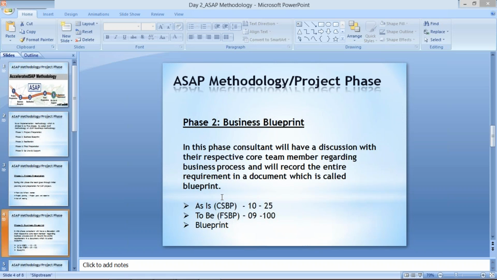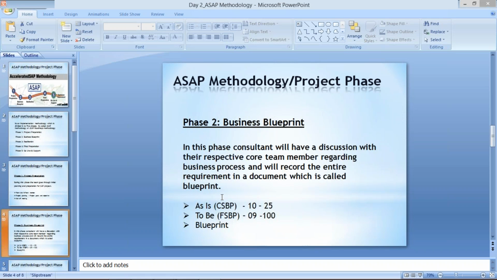Likewise, they have listed different activities that we are going to perform. So we say, whatever activities are there, you just list them down and send it to us. So that core team member is going to list down all those activities and send it to us.